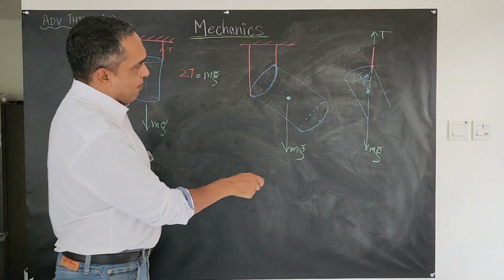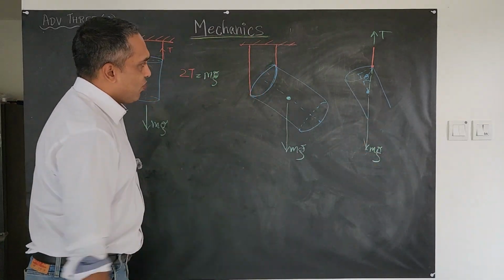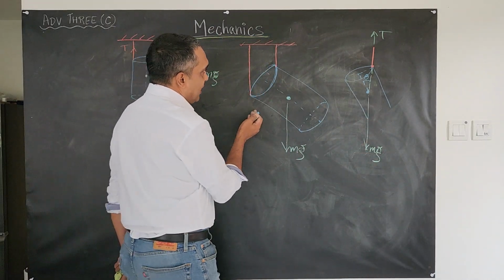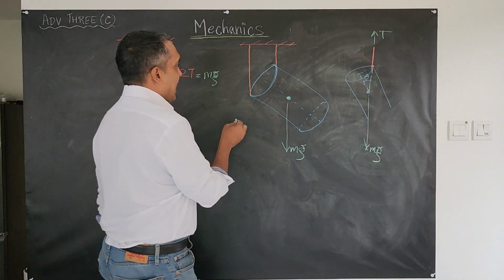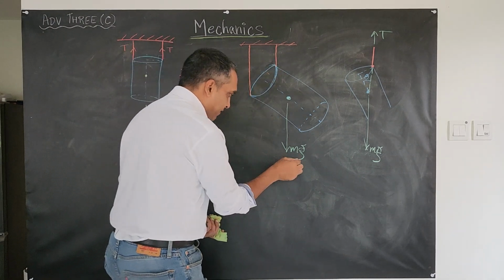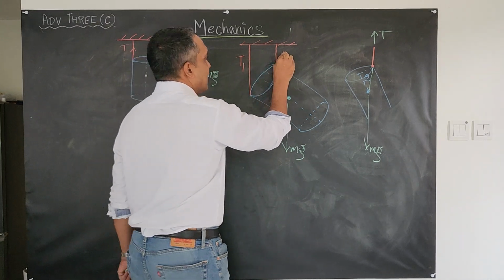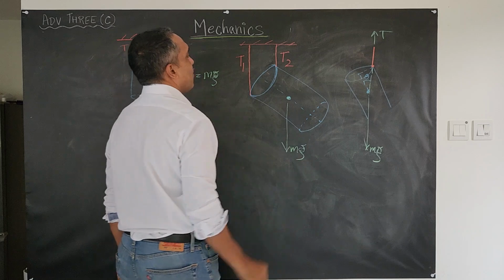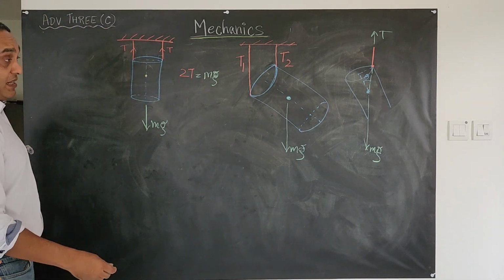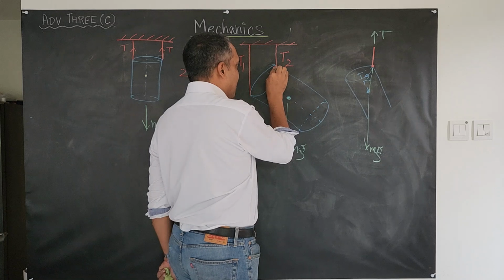But a complex problem, more than 5 marks, maybe even more than 4 marks, could be a problem set up like this, and to ask you to determine the tension in these strings as a function of mg. So if I have T1 and T2, what is going on in holding this in equilibrium? And the simple answer, if you haven't guessed it yet, is to take moments about this.